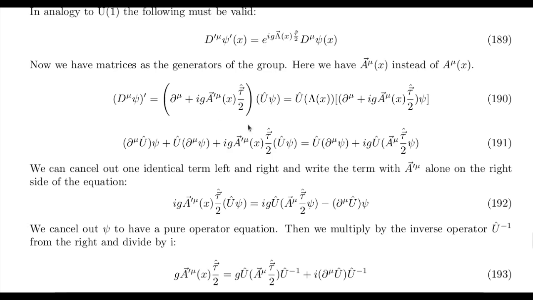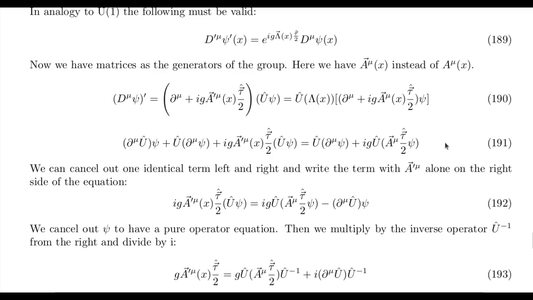Then the last term is the term with the gauge field and u psi. That's this one. On the other side we have u times the partial derivative of psi, that is this term, and we have u times the term with the gauge field and psi, that is the last addend. We can write Ig in front of the other things because these are scalar factors.